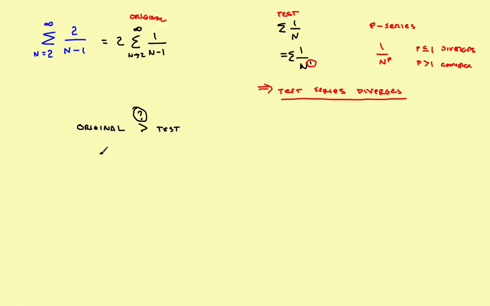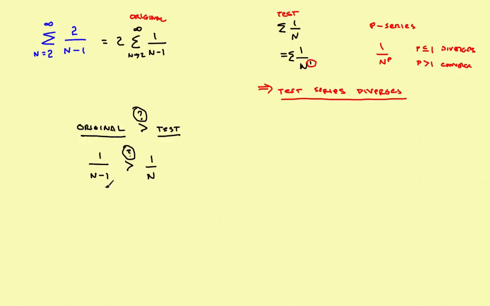So the idea is to write down the original series, and the 2 won't make any difference because if it's going to converge, then it'll be based on this. Multiplying, if it's convergent, multiplying by 2 doesn't make any difference. So I'll compare 1 over n minus 1, and I want to know, is that greater than the test series? So you're comparing the original series to the test series. But again, we'll put a little question mark above this because at this point I'm not sure.